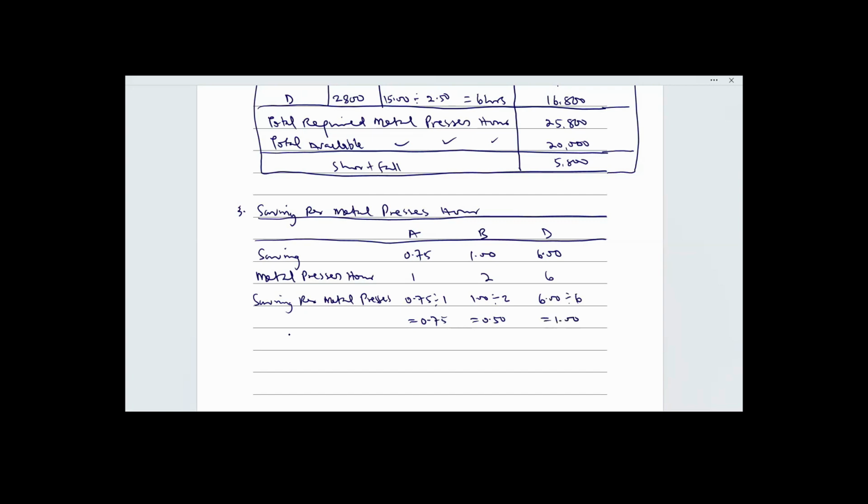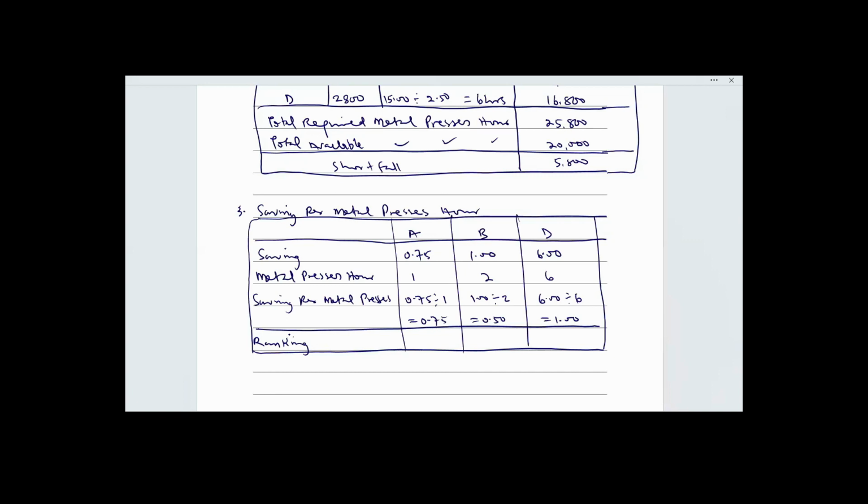So we need to rank. Based on our savings per metal presses hour, the highest ranking is component D first, followed by A, then B is third.